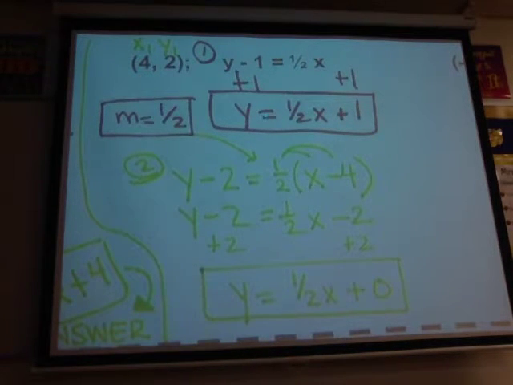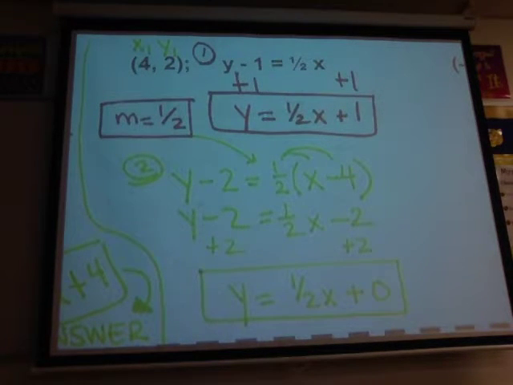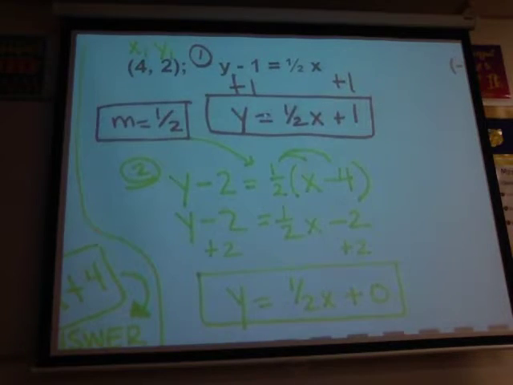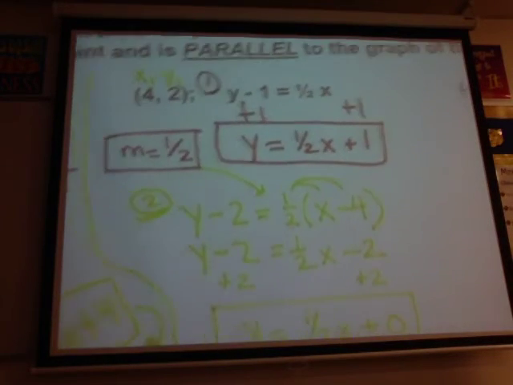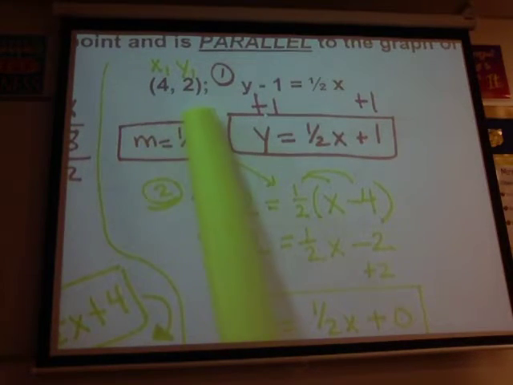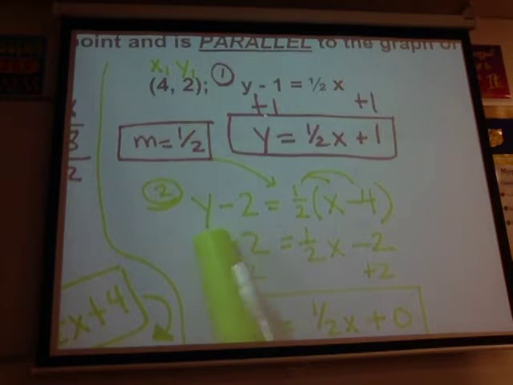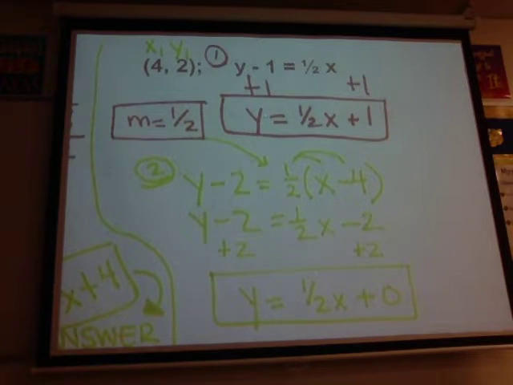Where did you even get the negative 2 from? Which negative 2, on the left or the right? The left? Okay, so that negative 2, the formula was y minus y1, and our 2 was our y1 value. So that's where we took y minus that. Good question. Other questions?